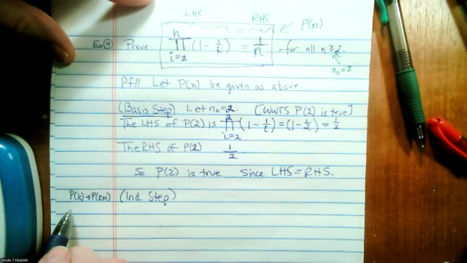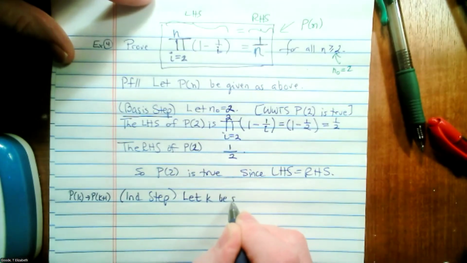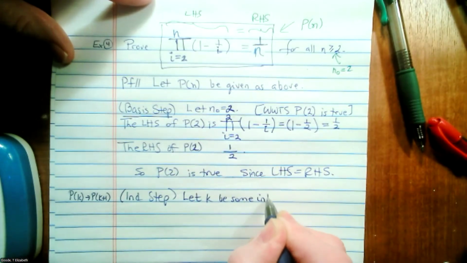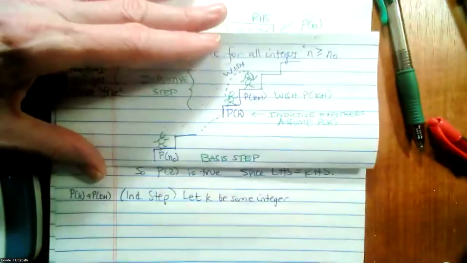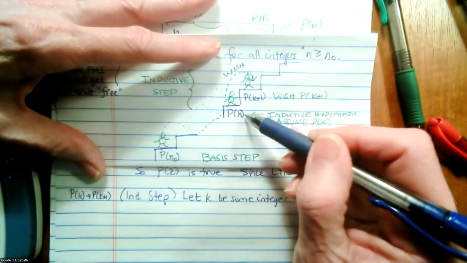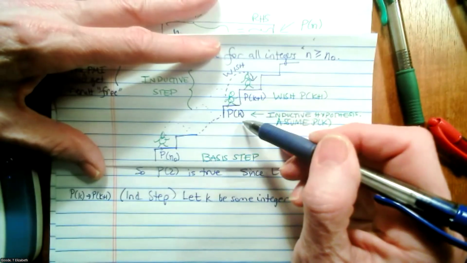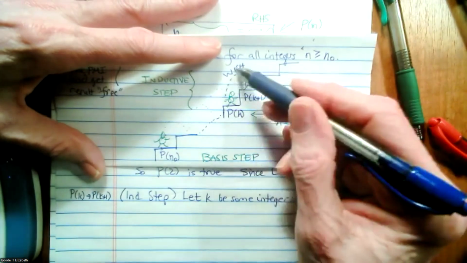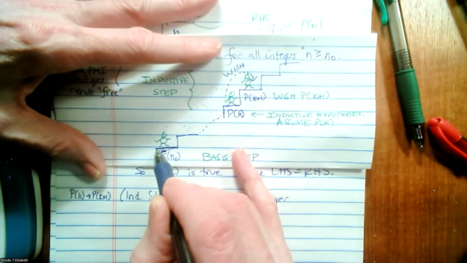Just to help ourselves, we're going to be talking about K. Reader has no idea what K is. So let's tell the reader, let K be some integer. And since we want to be able to get off even the bottom level step, we're assuming that whatever step K we're standing on, we're going to try to prove we can step up. Well, we want to be able to get off that bottom step.